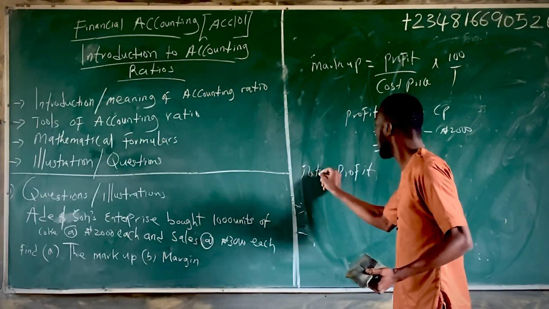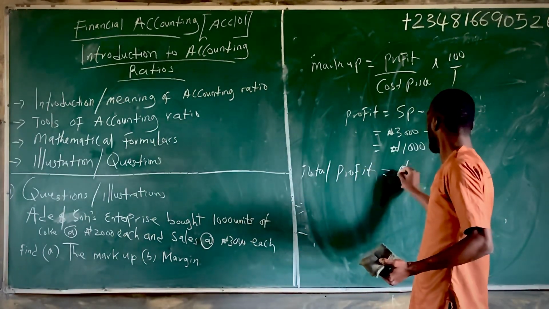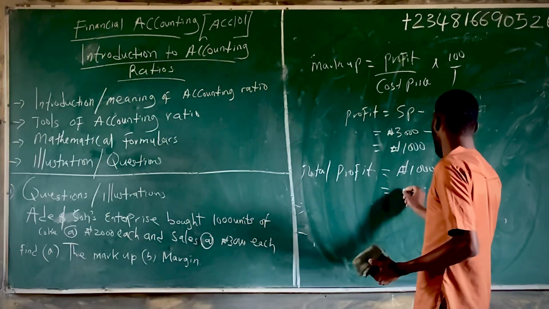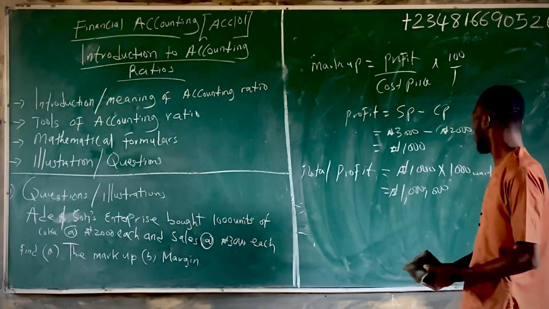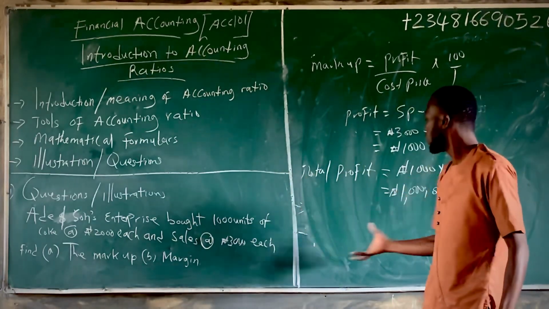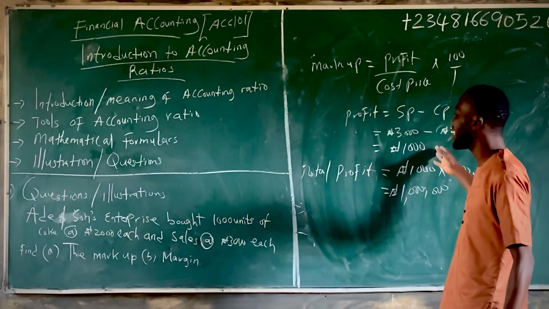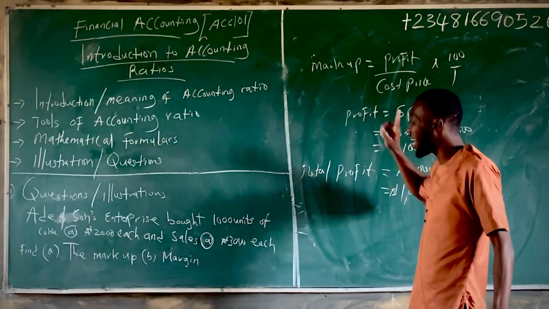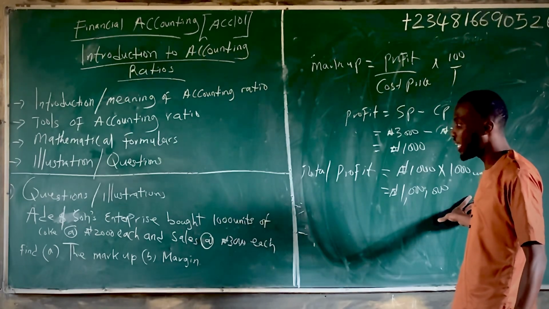The total profit for 1,000 units is 1,000 naira times 1,000 units, that is 1 million. So the total profit that Ade and Sons Enterprise made is 1 million. After removing the cost price from the selling price, you get 1,000 naira, and the total number of products is 1,000 units. So 1,000 naira times 1,000 gives 1 million. That is the profit in Ade and Sons Enterprise.